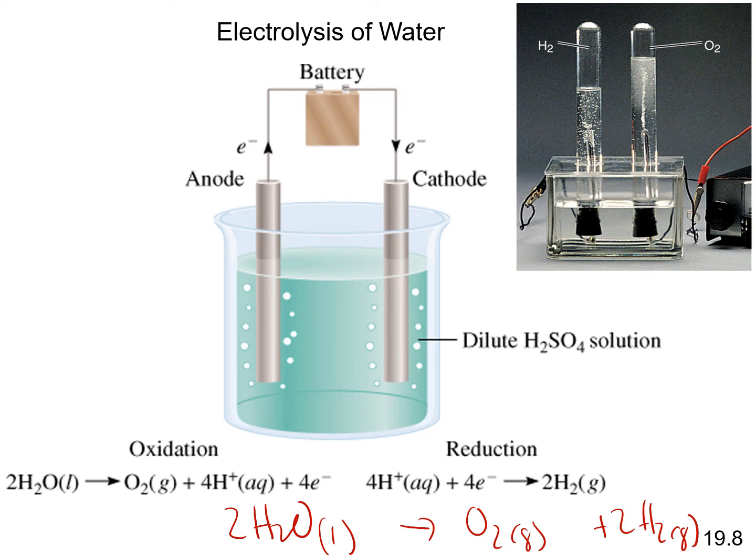We need some limitation for electrolysis reactions in aqueous solution, just like in water. We need to add an electrolyte, so usually sulfuric acid, to provide enough ions to create a current.